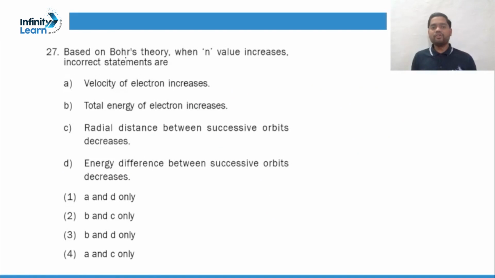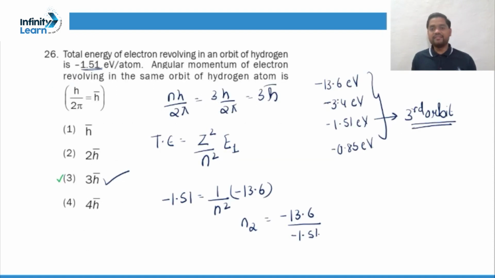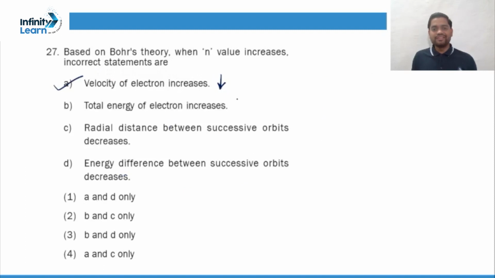27, based on Bohr theory, when n value increases, the incorrect statement is: if n value increases, velocity of electron decreases. That is right. Total energy of electron keeps on increasing. Yes, it is right. So this is the right statement and hence not the right option.